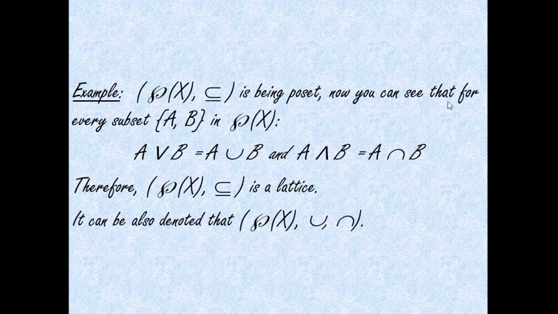So we are taking two elements from the power set of X, call them capital A, capital B. I am notating the elements as capitals because here they are sets.